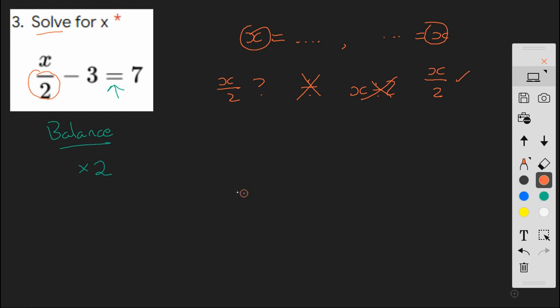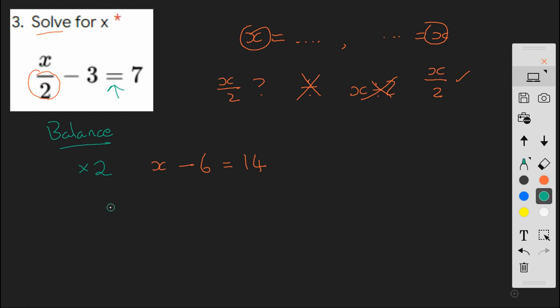So we're going to multiply both sides by 2. And that means each part of both sides. So our x divided by 2 multiplied by 2 leaves x on its own. We now need to multiply 3 by 2, which is 6, and we need to multiply 7 by 2, which is 14.